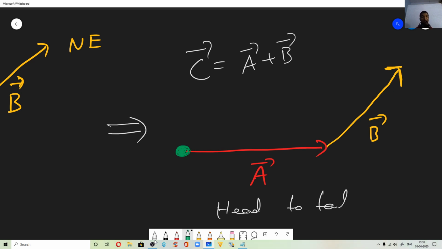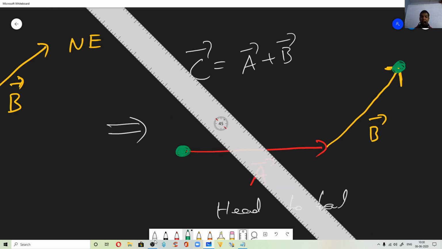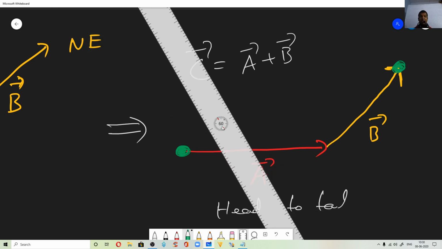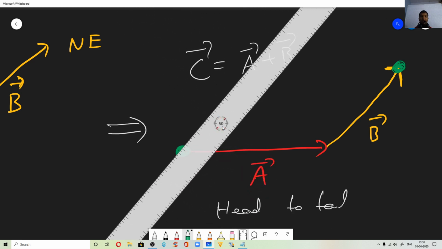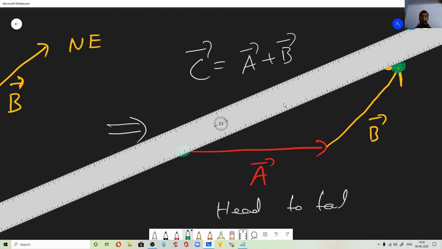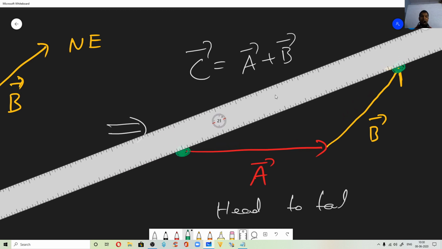Now which is the second vector? B. Now this is the head of the second vector, right? Tail of first vector to head of the second vector. So you just have to connect them. So what we'll get finally is this line.